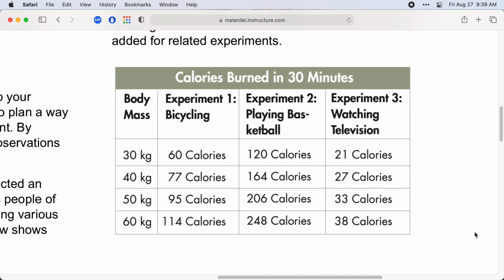Then you also have nice bold headings on every column to tell you what the data stands for. So body mass in kilograms. It could have been pounds. Biking, basketball, watching TV. These are 3 different experiments, and they're measuring how many calories a person burns doing each of these activities. So the headings are great.